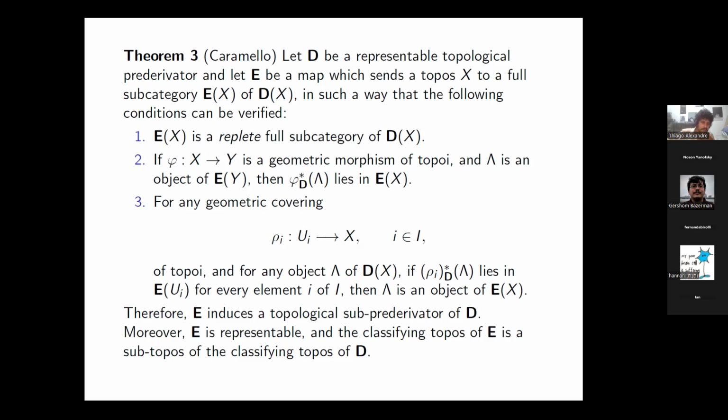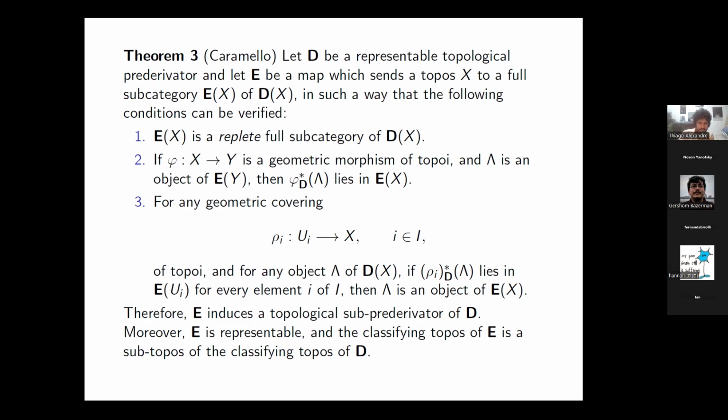We can test whether something is an object of the derived category by verifying it after pulling back with a geometric morphism along the geometric covering. So this is the idea behind this.